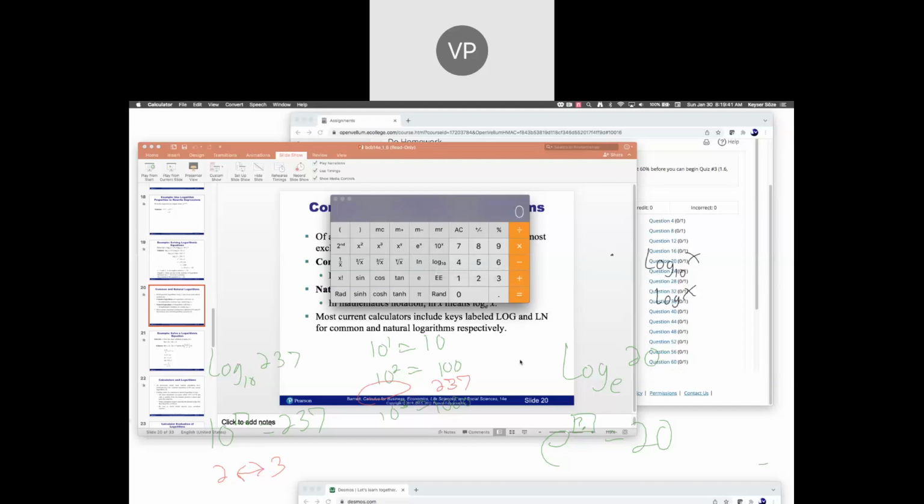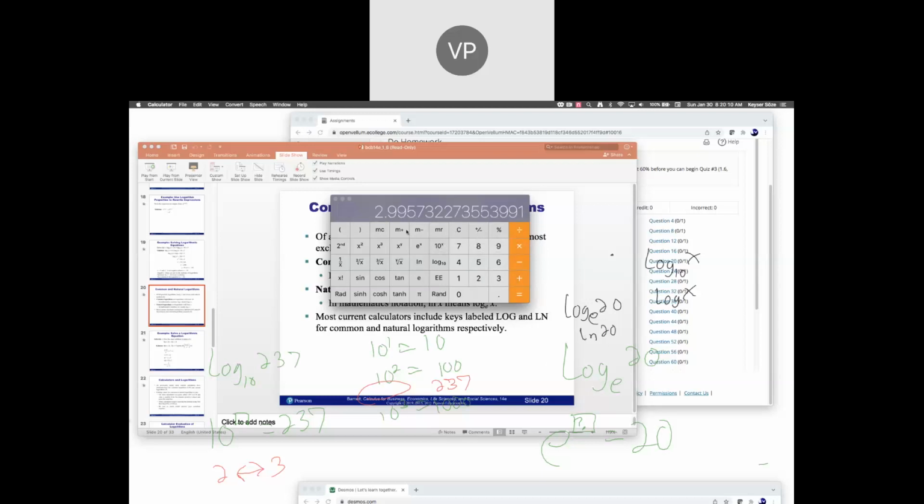Log of E, I'll write this over here. When you see a log of E of 20, it's known as a natural log, this ln. Again, no base, but you assume whenever you see ln, it means natural log, it means log base E. There's also a button right here. So if I want to find natural log base E of 20, I hit the 20, I hit that button, it's 2.99.